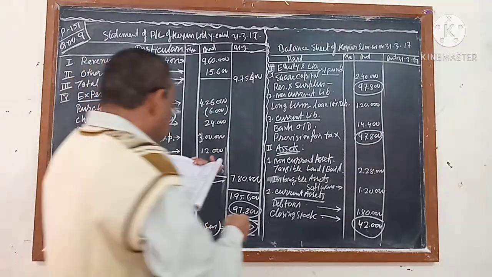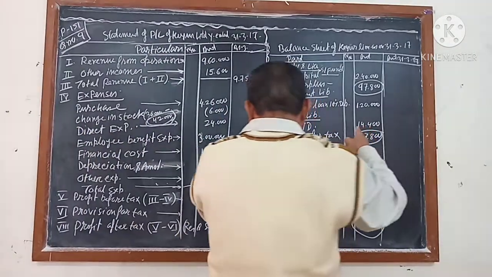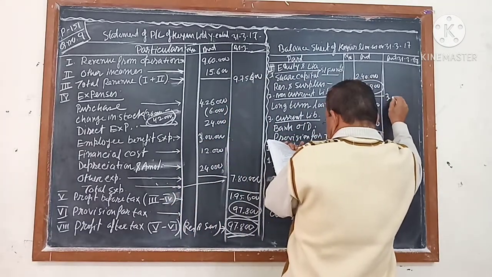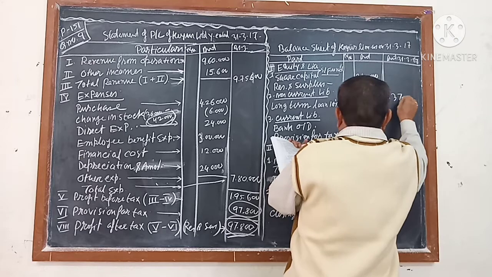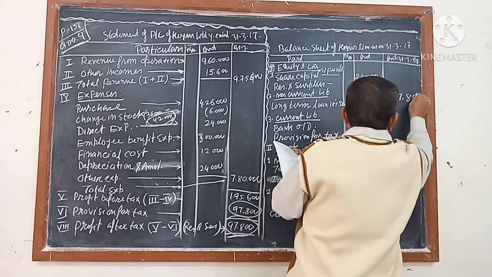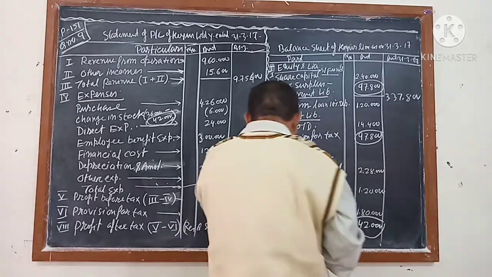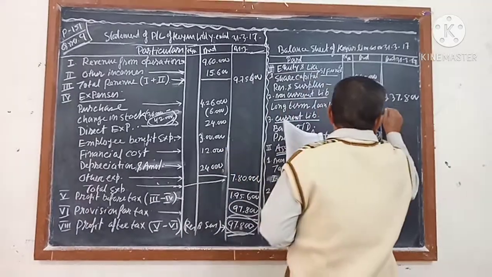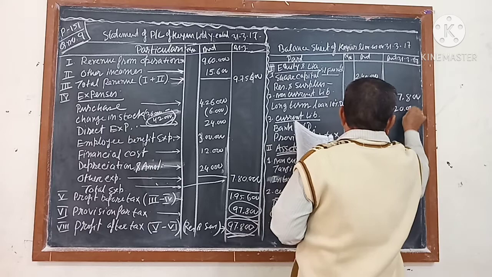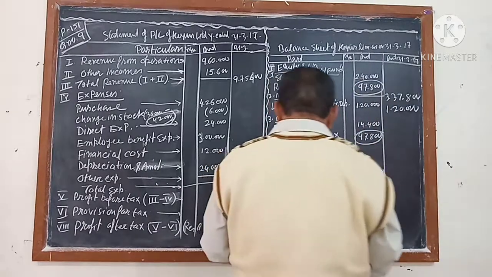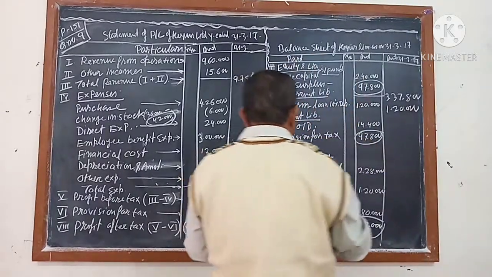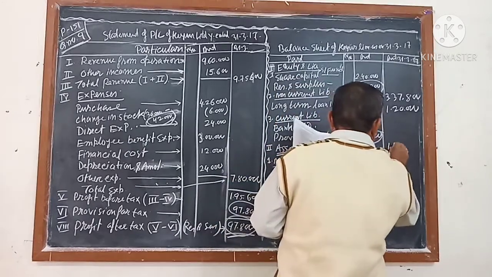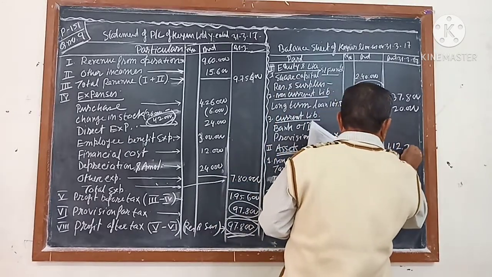Now let me check it. 2,40,000, 97,800, that comes to 3,37,800. Next is coming 1,20,000. This 1,20,000 is the direct one which is going, and this is 14,400 and 97,000. These two are coming to 1,12,200.